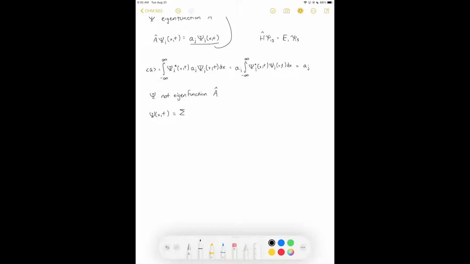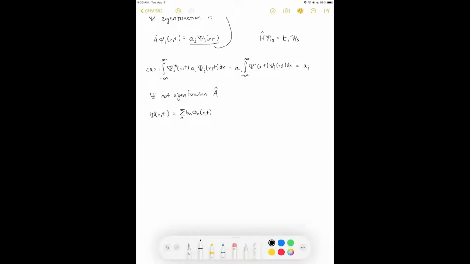And we'll write that in the following way. Our wave function is the sum over n of B n times phi n, where phi here is specifically our eigenfunctions. What this is saying is that there is some way in which we can represent this function, which is not an eigenfunction of operator A, by summing up functions that are eigenfunctions of operator A. And we're going to have a condition here.